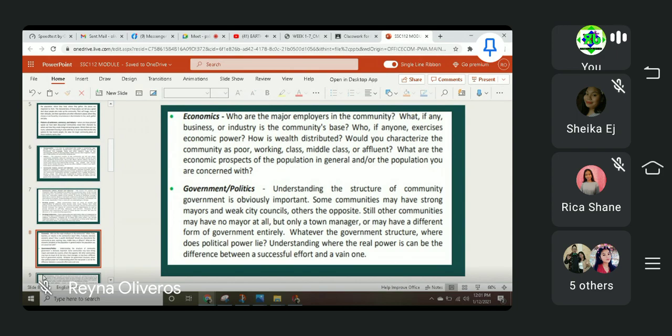'Di ba? Kagaya na lang ng ITAS. The community of the ITAS, wala silang town mayor, pero meron silang community leaders. Wala silang mga mayor, wala silang mga councilor, wala silang ganun. But they have community leaders. Okay? So, sabi dito, whatever the government structure is, where does the politics or political power lie? Understanding where the real power lies can be the difference between a successful effort and a vain one.